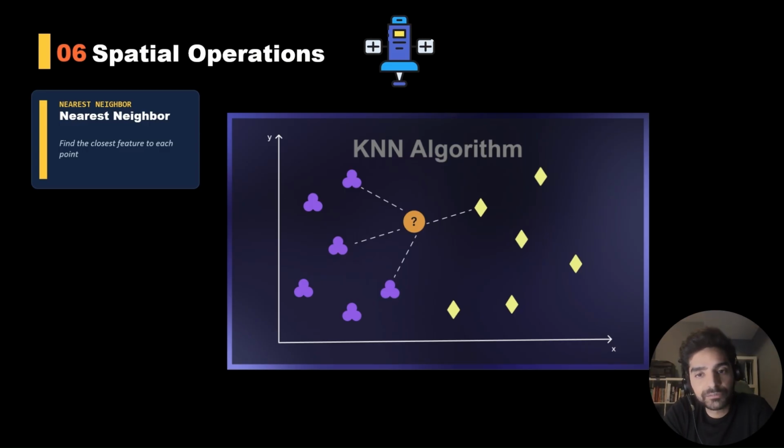These sound simple, but at scale, it becomes computationally expensive. If we compare every point to every other point, the number of comparisons grows very quickly, and that is why spatial indexing is important, and we will cover that later. Nearest neighbor is one of the foundations of accessibility analysis, service coverage, and location-based recommendation.